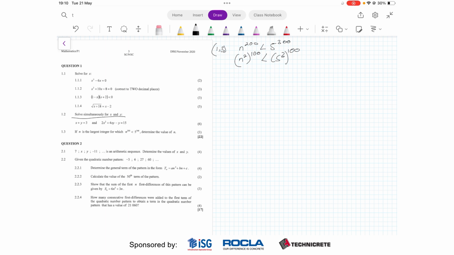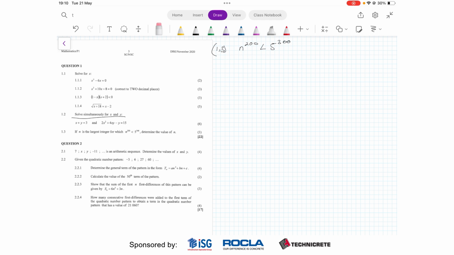Now, seeing as we have the same power factor, we can take the 100th root on both sides of our inequality. Let me just write that out nicer.